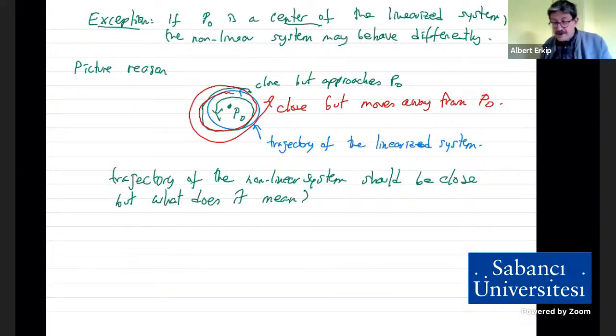You see, staying close does not really tell you: close inside, close outside, close getting closer, close not getting closer, and so on.